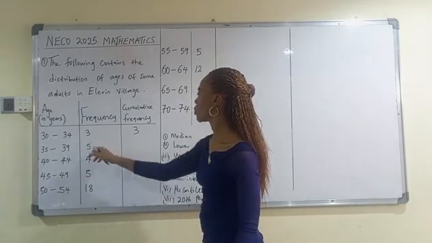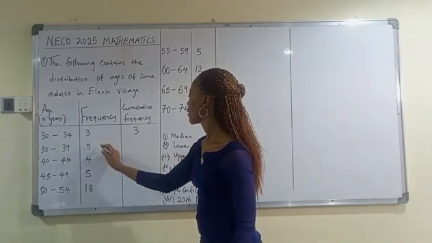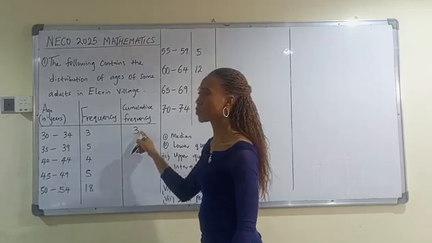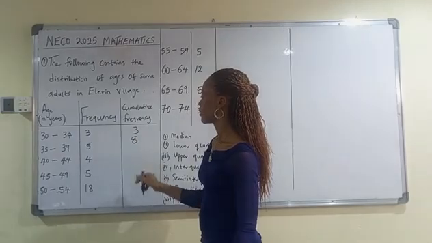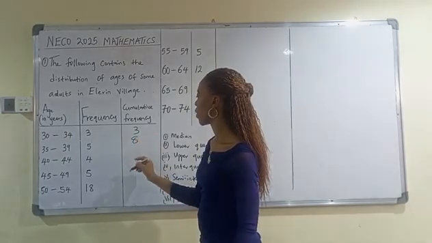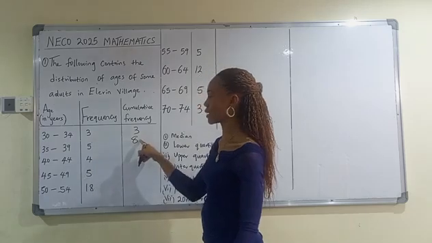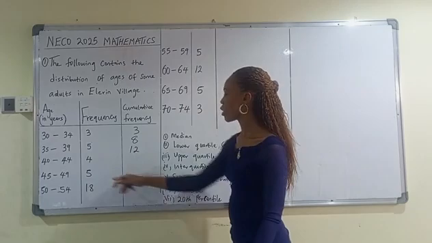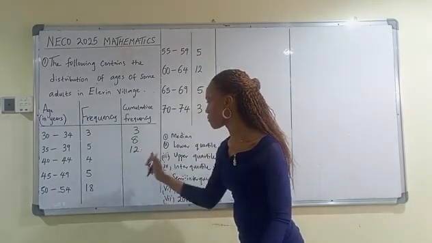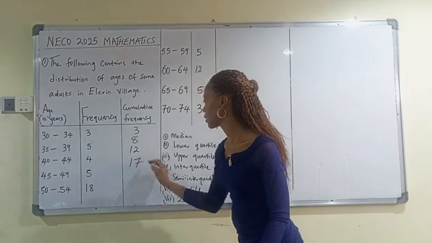Then we'll say 5 plus 3, that will give us 8. The next one, we'll have 4 plus 8, that's 12. The next one, 5 plus 12, 17.